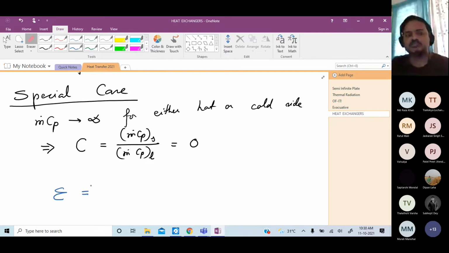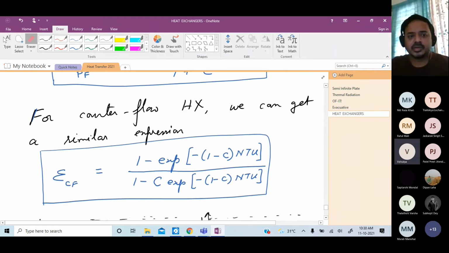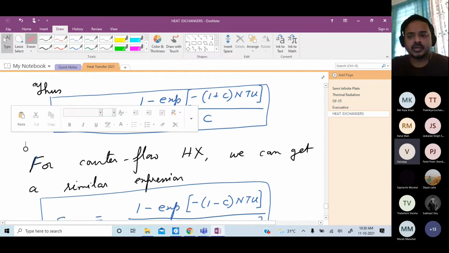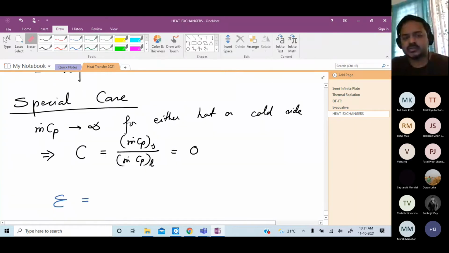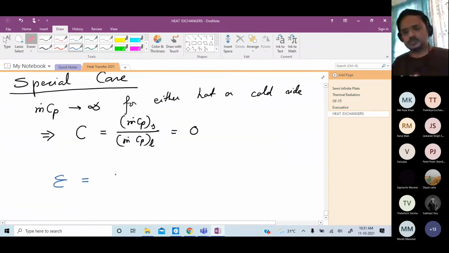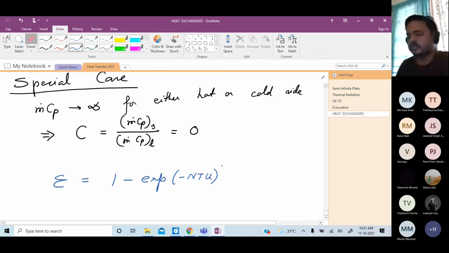Someone, please. 1 minus exponential of minus NTU. Exactly. Okay, now can you please do it for the counter flow also? The same. Right. For the counter flow also, you will get the same.